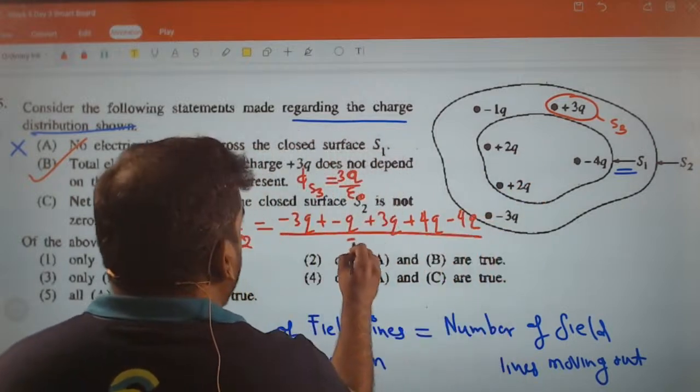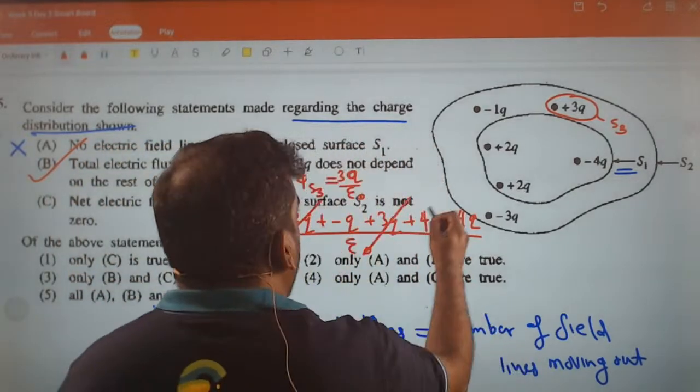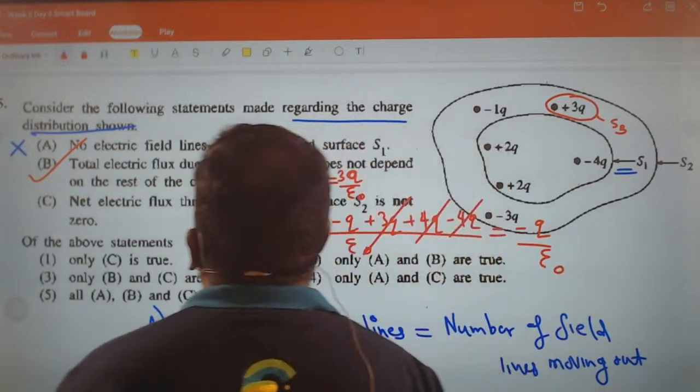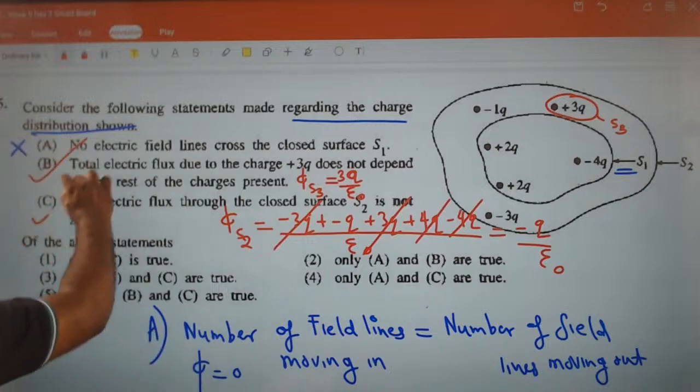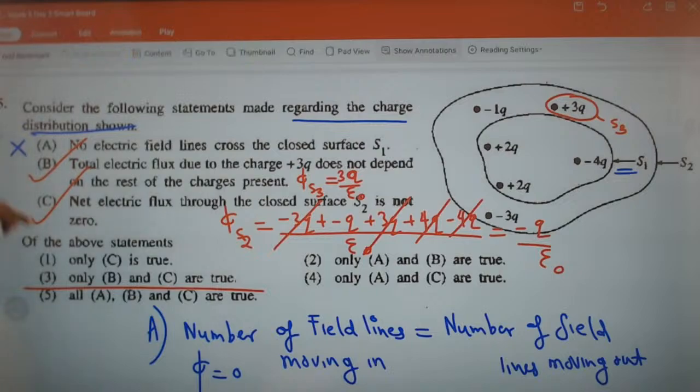Over epsilon naught: minus 3q plus 3q cancel off, and 2q minus 4q leaves minus q over epsilon naught. Net flux is not 0, correct. B and C are correct. Right. Moving on.